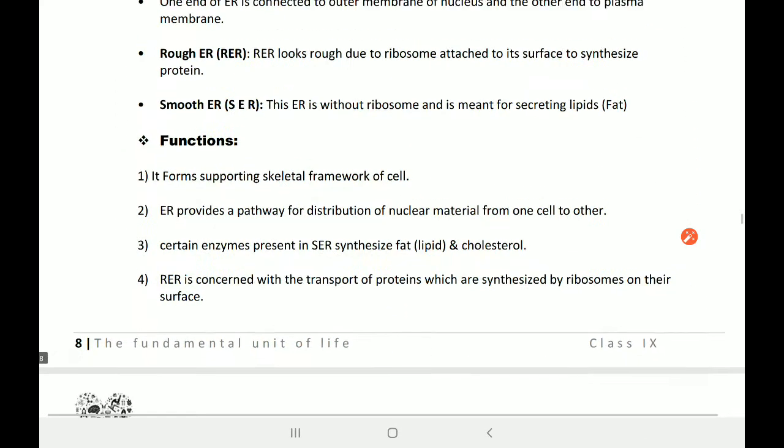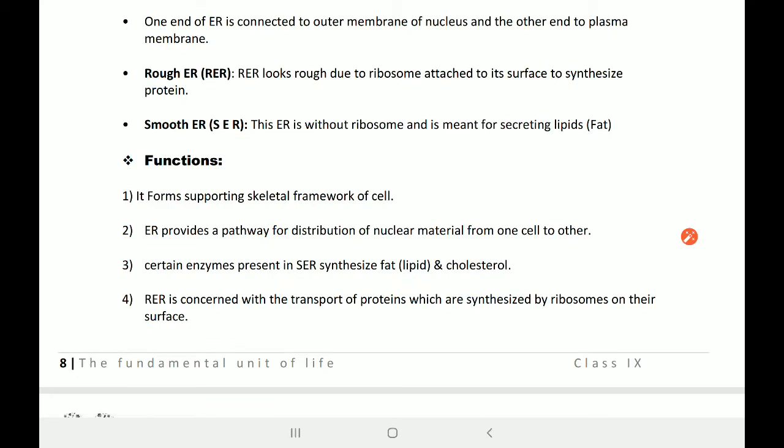Functions of this endoplasmic reticulum. The first function is that it gives skeletal support to the cell because it is present everywhere around the cell. But that's not the basic function of ER. The basic function of ER is providing a pathway for the distribution of material, of course nuclear material, and that's the reason it is around the nucleus.